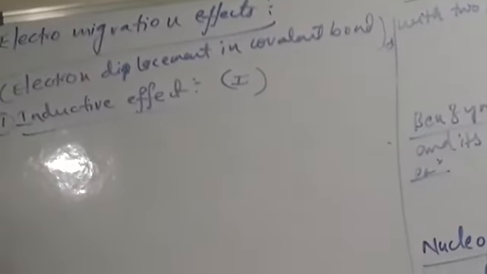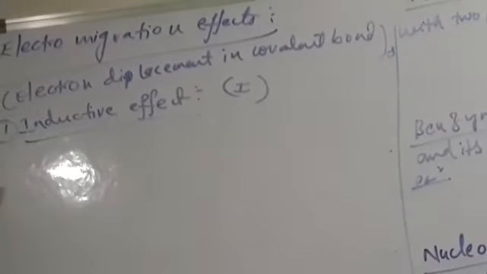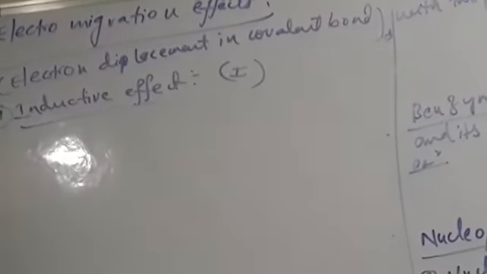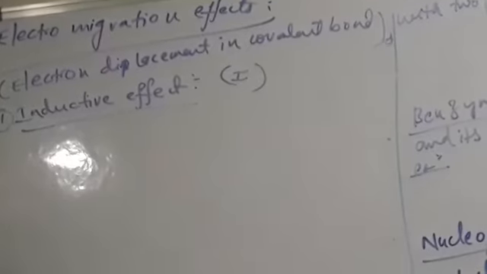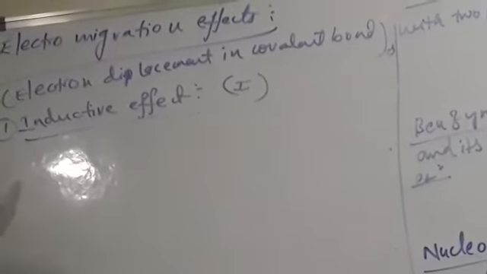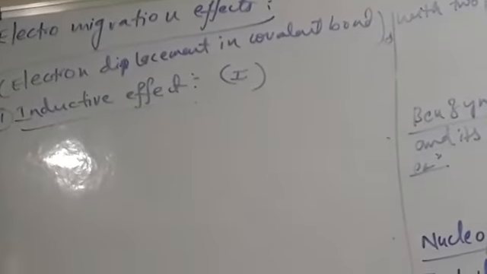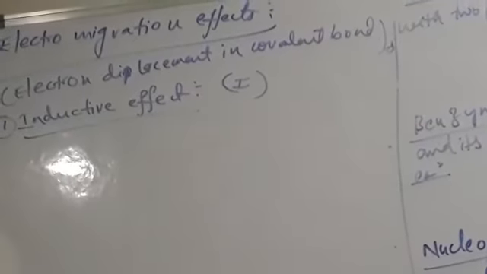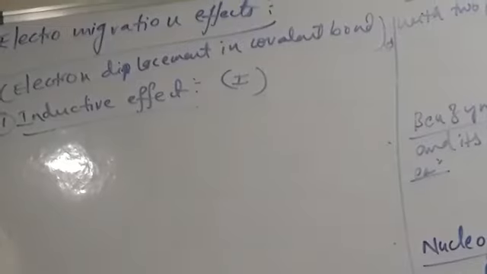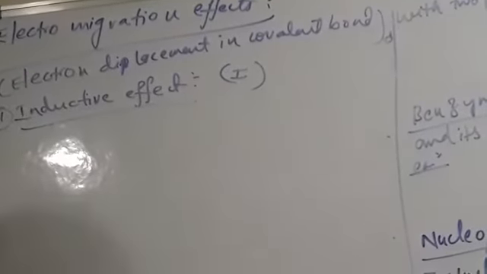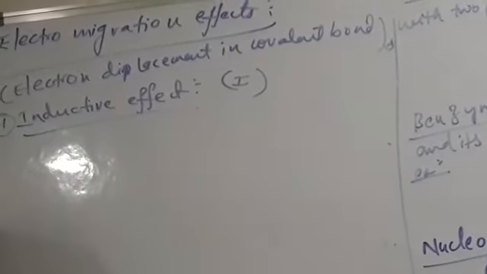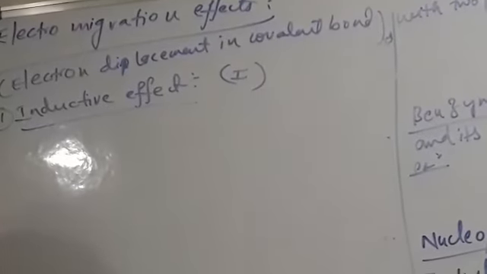Inductive effect is the polarization of a sigma bond caused by the polarization of an adjacent sigma bond in a covalent molecule. That polarization is caused by the adjacent sigma bond linked with the carbon atom.